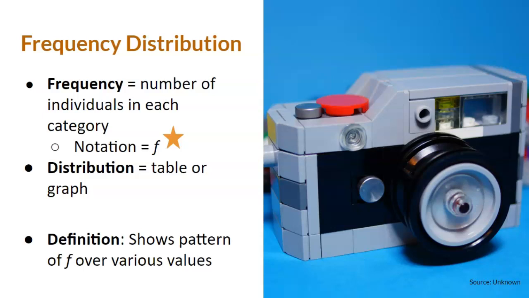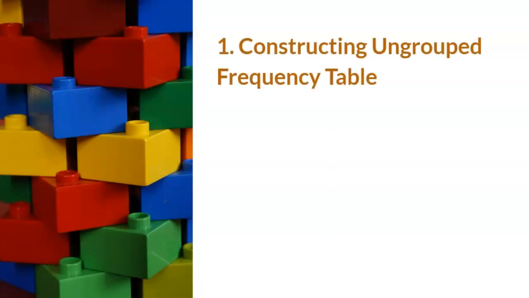We will now learn how to construct a frequency table. There are two types of frequency tables, for ungrouped data and for grouped data. There is a separate lecture video that describes how to create a grouped frequency table. When constructing an ungrouped frequency table, there are two steps.